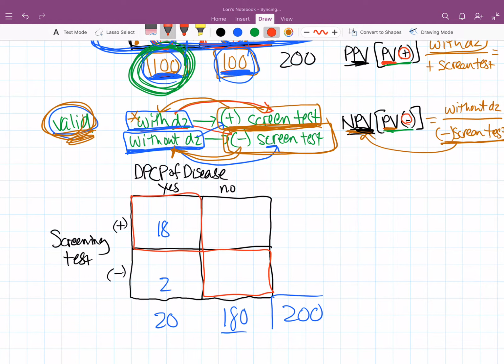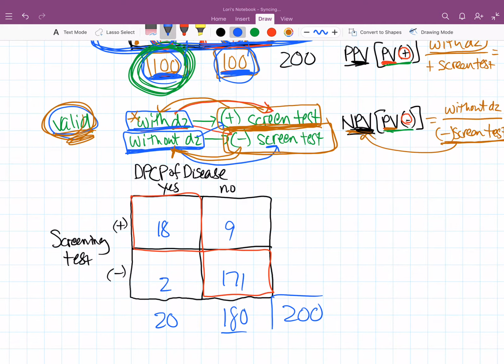In other words, we tested them correctly. So 95% of 180. Let's calculate that really quickly. I believe it's 171, but I just want to check. Yes, so we have 171 here, and the other 9, we were wrong. Too bad. The screening test said they were positive, but they really weren't.